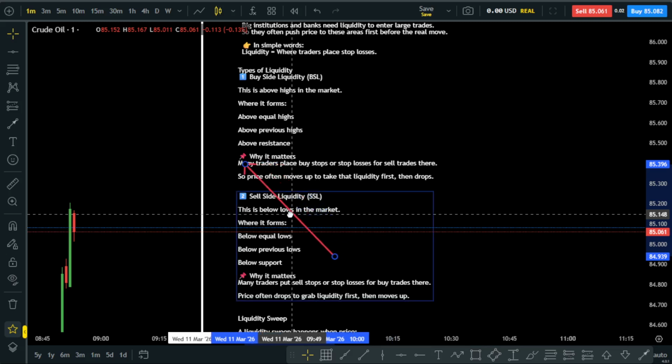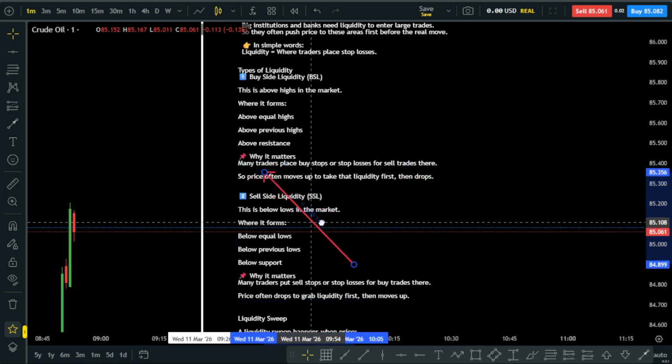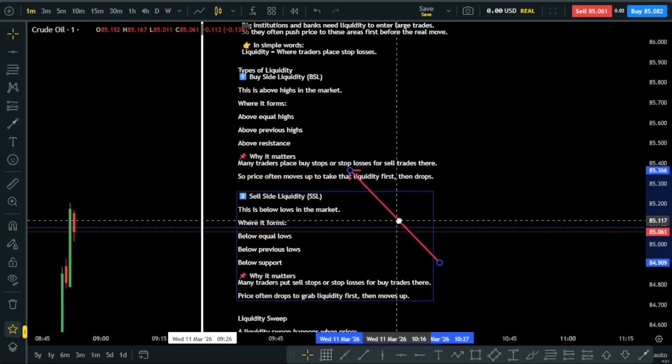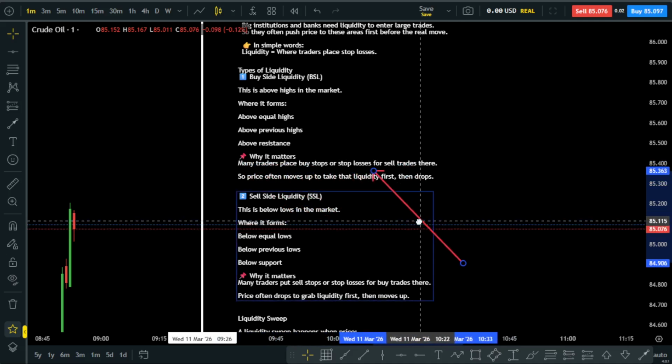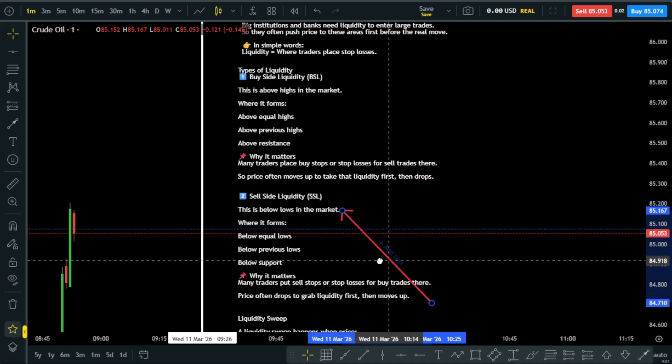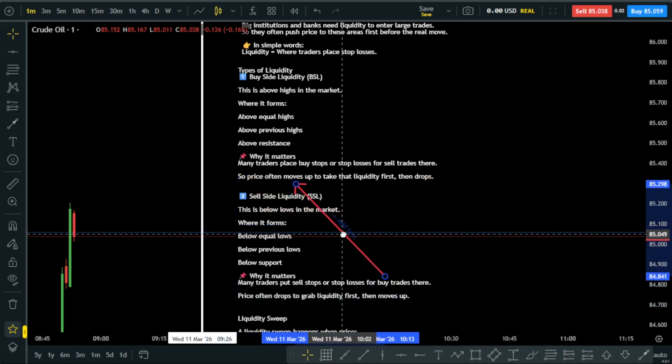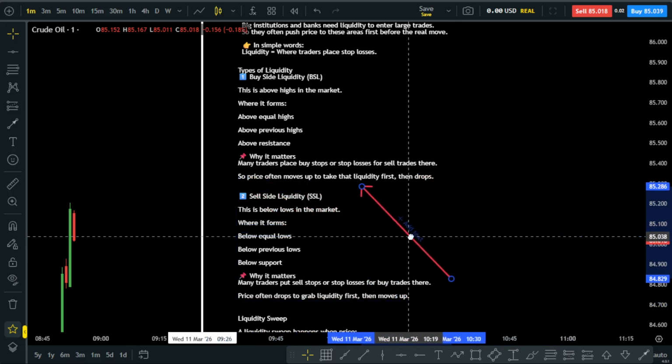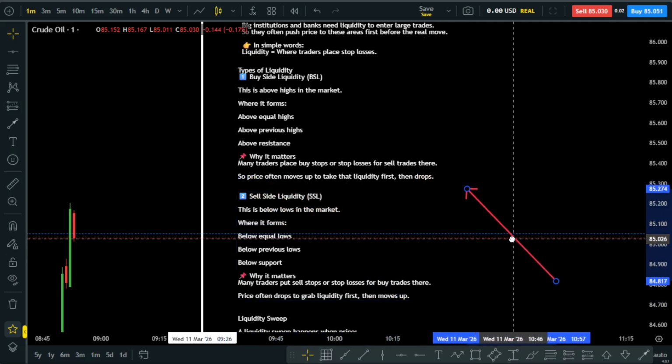Why it matters? Many traders place buy stops or stop losses for sell traders there. So price often moves up to take that liquidity first, then drops.